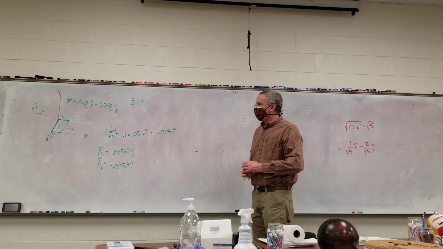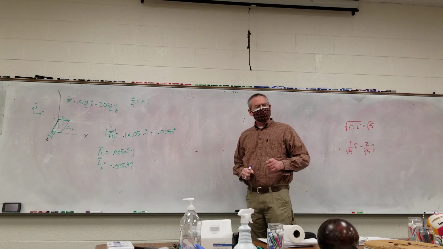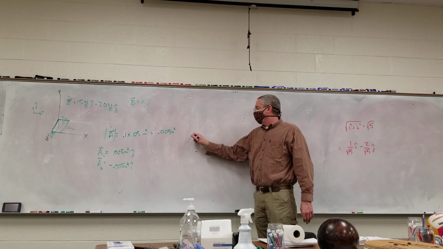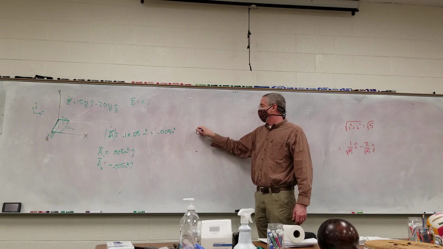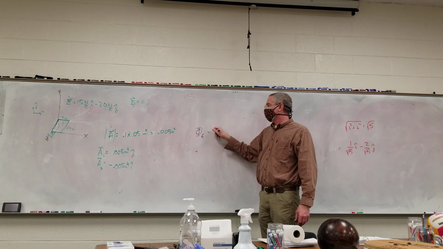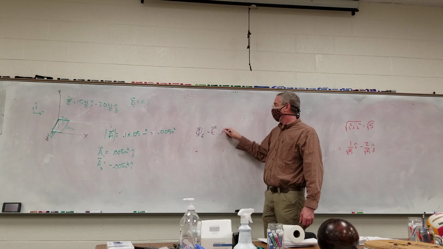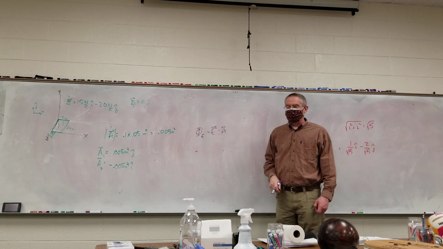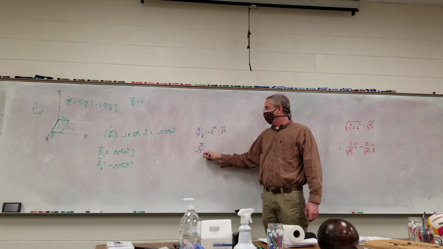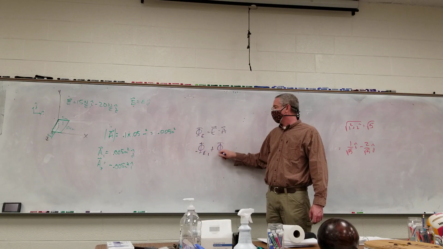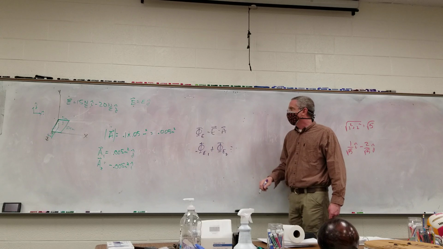So then, I think part B was what's the flux? My electric field is uniform, and so my electric flux is just E dot A. Since I have two surfaces here, it's going to be the electric flux of 1 plus the electric flux of 2.